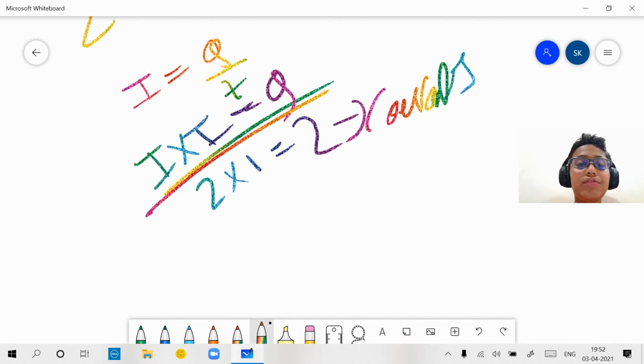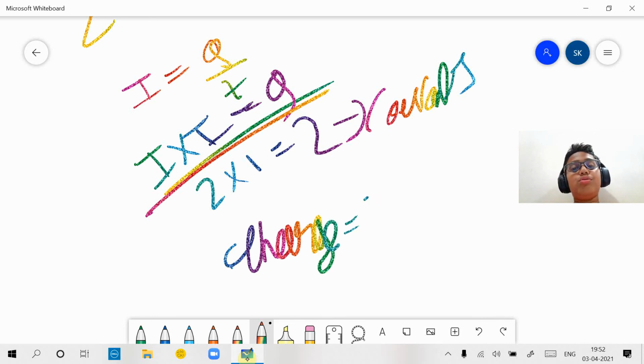This is the amount of charge. So they can ask how much charge is flowing in 1 second, and simply you can tell charge equals 2 coulomb.